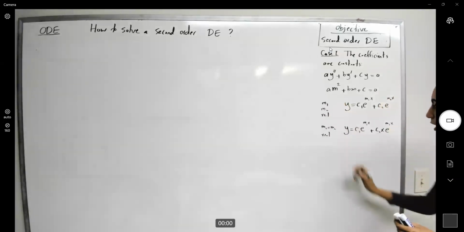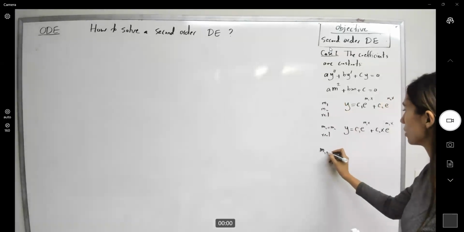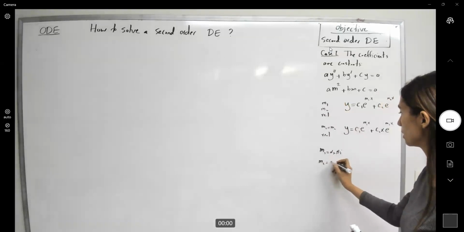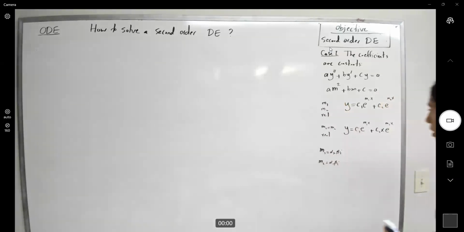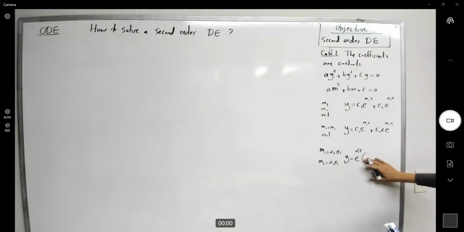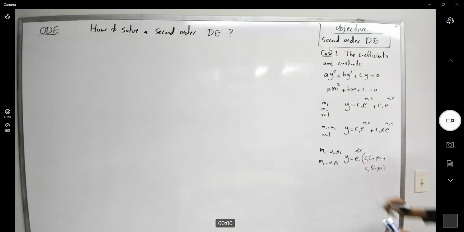And finally, if you have imaginary numbers, m1 is alpha plus bi and m2 is alpha minus bi, then y becomes e^(alpha x) times (sine, cosine, it doesn't matter which one you write first) c1 cos(beta x) + c2 sin(beta x).